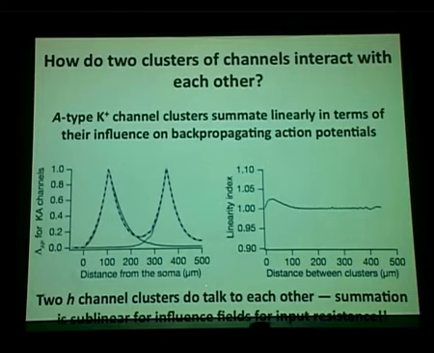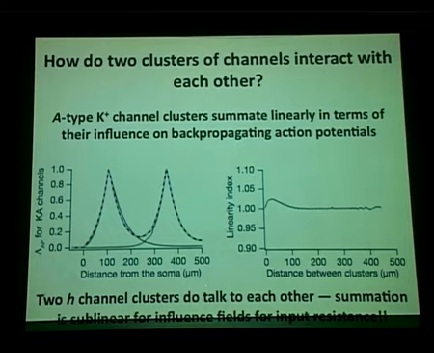The question is, how do these influences from different ion channel clusters interact with each other in coming up with that final functional map that you saw? In this case, you have two different A-type potassium channel clusters, one at 100 and another at 350. When you measure the separate influences, they look like the black traces, and the linear summation exactly matches the actual result from placing both clusters together.